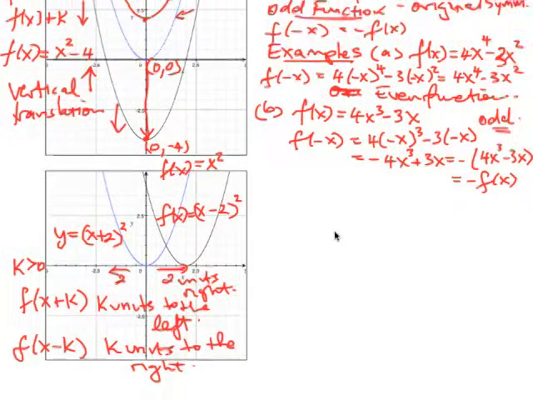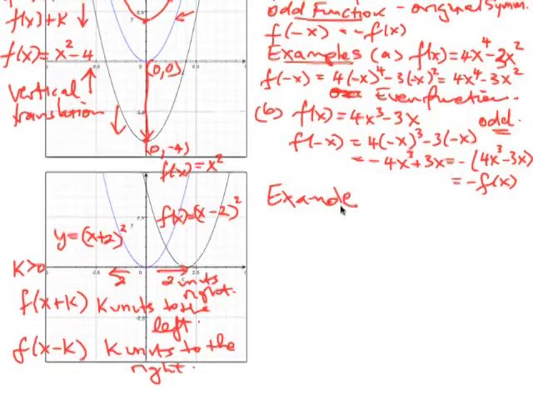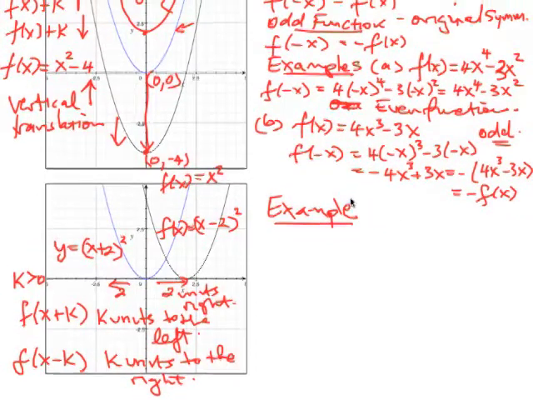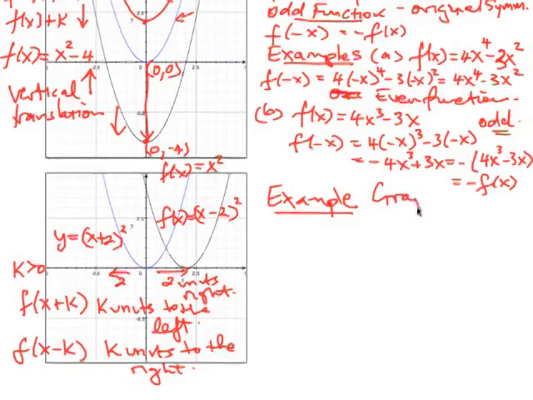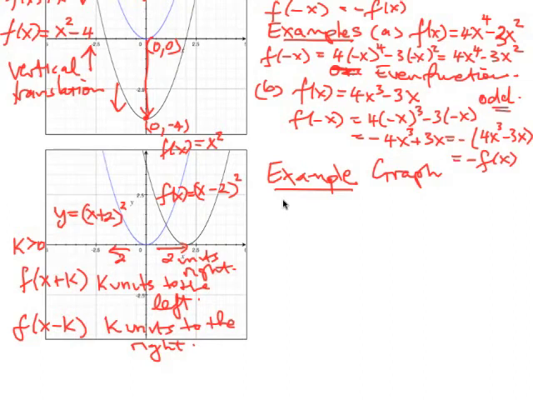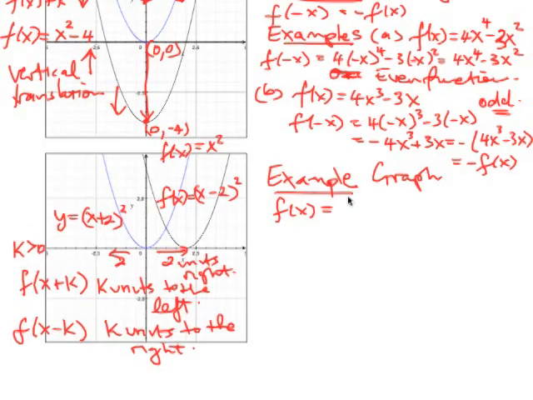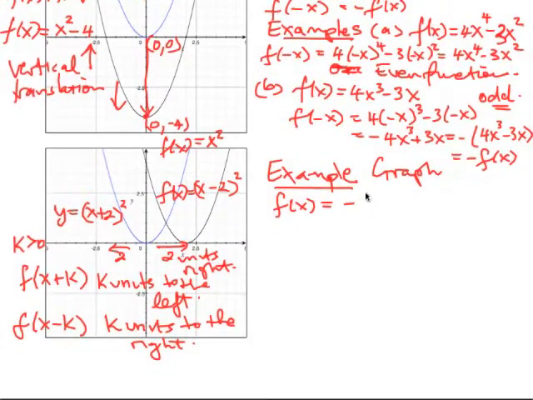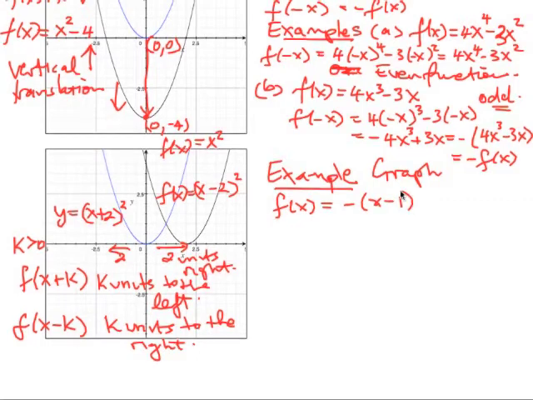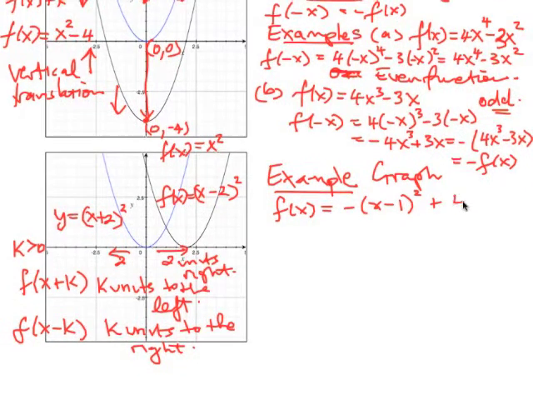So let's do an example, a quick sketch of it. Let's suppose we want to graph f of x equals negative x take 1, squared, plus 4.